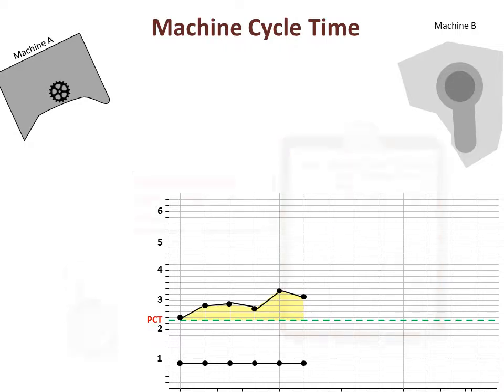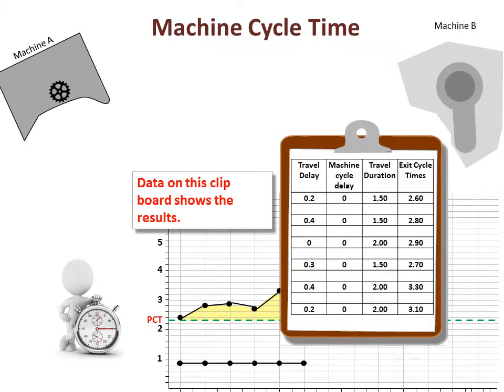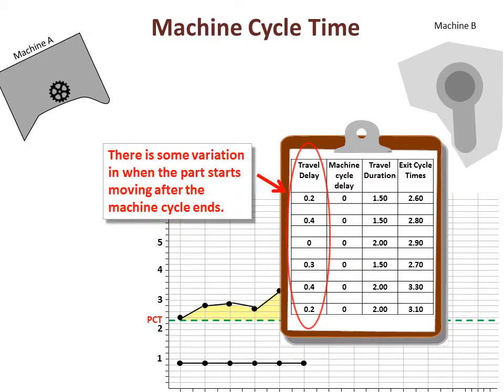After our initial look at the process, we did some in-depth observations. The data on this clipboard shows the results. The data tells us that there is indeed some variation in how long it takes for the part travel to start after the process ends. We only saw about 0.2 of a second variation, but it is contributing to our exit time variation.